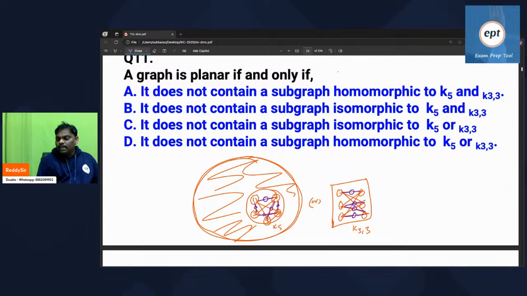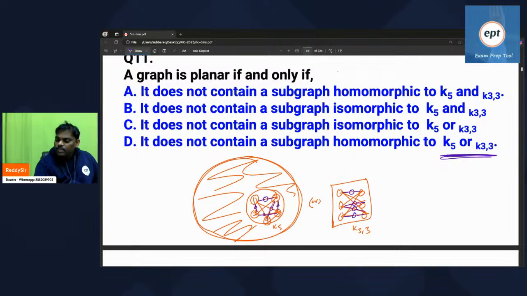According to option A, it does not contain a subgraph homomorphic to K5 and K33. Both not there, then only planar, it is saying. So option D says that you don't want to see either K5 or K33. So this one is the answer.